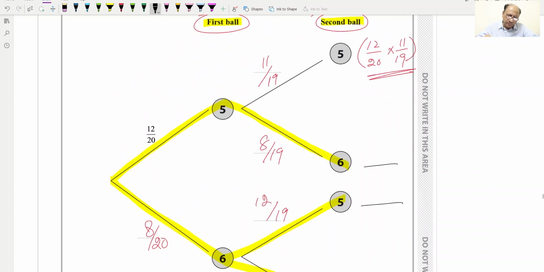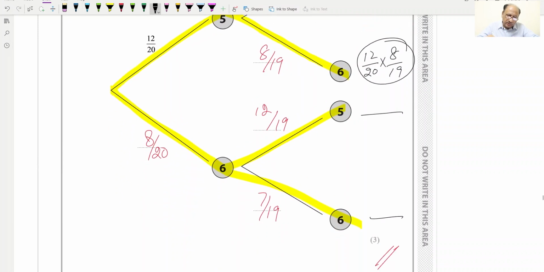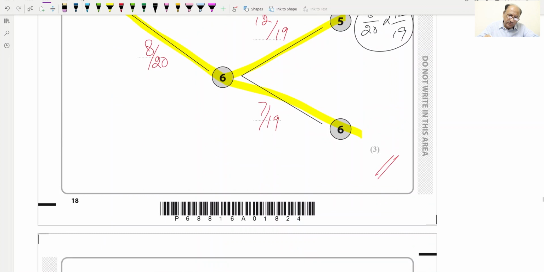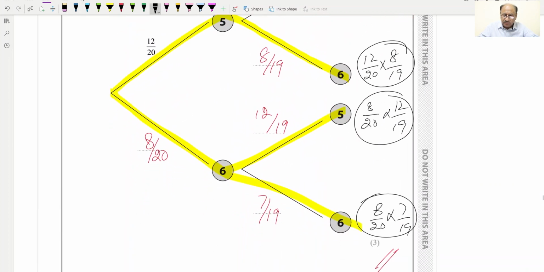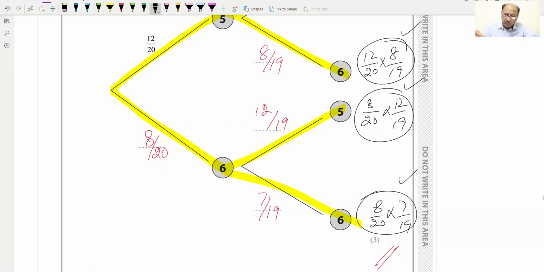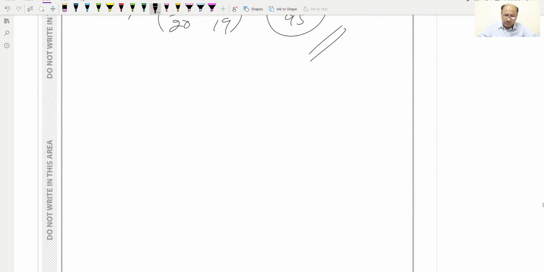So this will be 12 over 20 multiplied by 8 over 19, and you will have to add the second, 8 over 20 into 12 over 19, and the third one, 8 over 20 multiplied by 7 over 19. Basically you add these 3 probabilities and you will get the same answer which we have done.